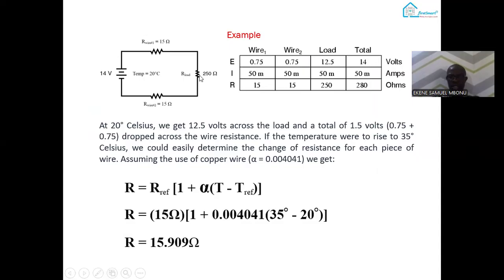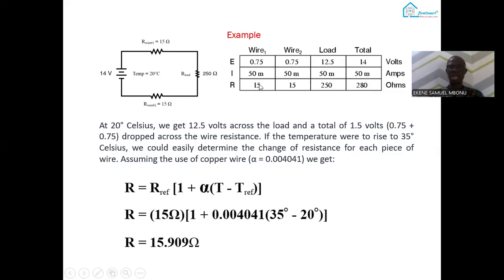The voltage across this load, you will get it at 12.5. Then this wire and this wire are the same thing. You will get 0.75 volts. So the current flowing through this, which is V over the total resistance, will be 15 milliamp in each, because they are connected in series.